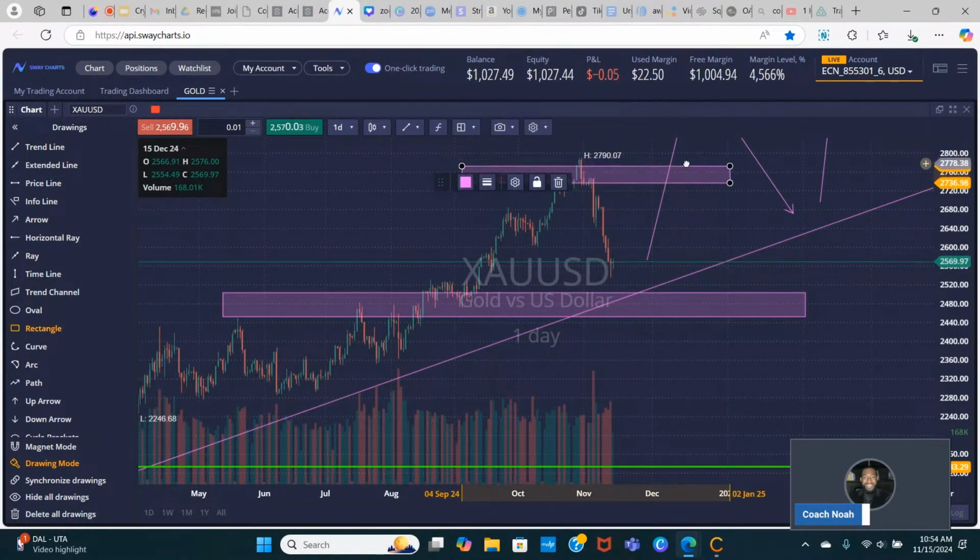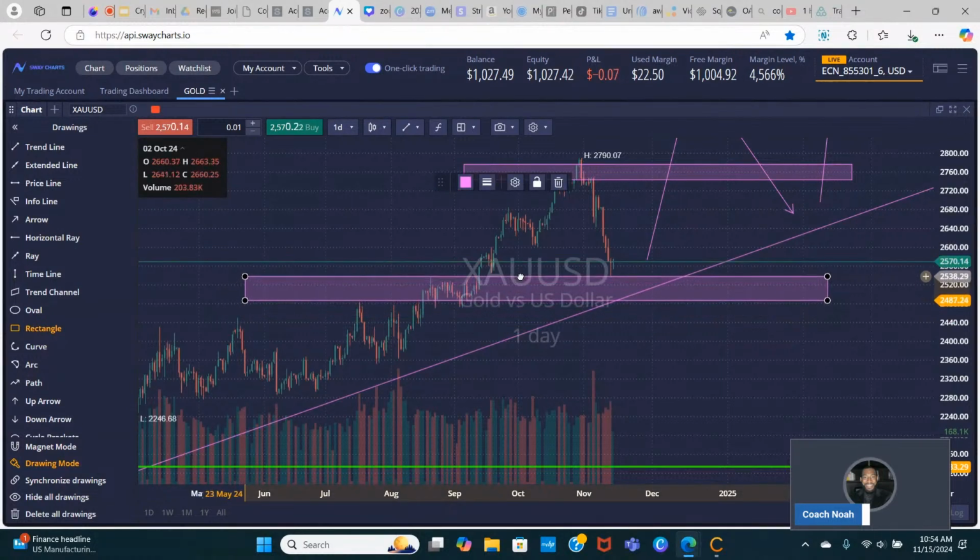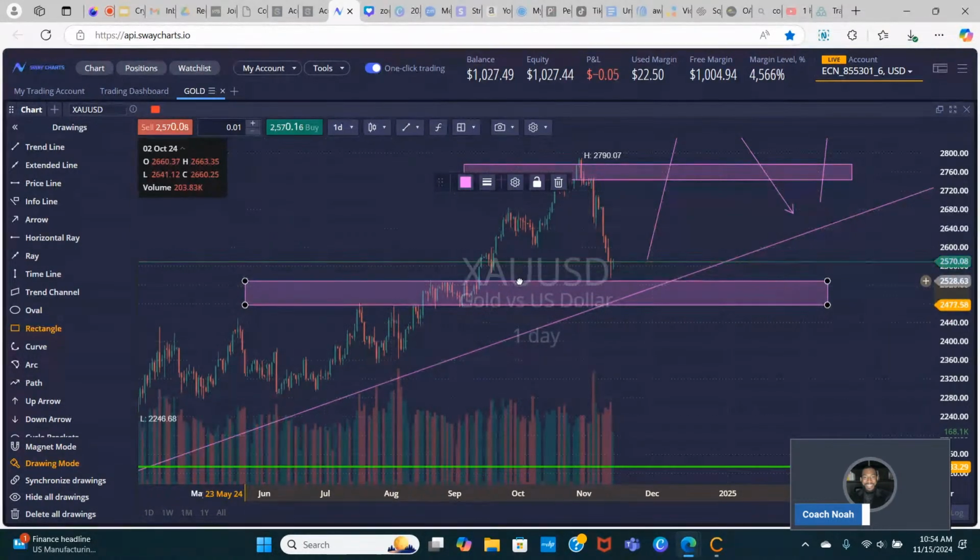Just probably come down just a little bit, probably like around here. And our bottom would be our area of support. So when price reaches down to our support, that's when we could be looking for buys. Probably can move this up a little bit higher, like somewhere around here.